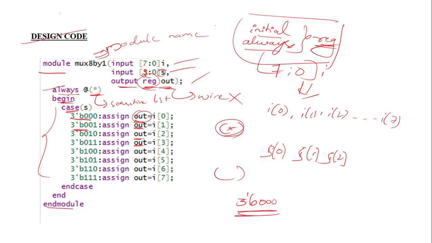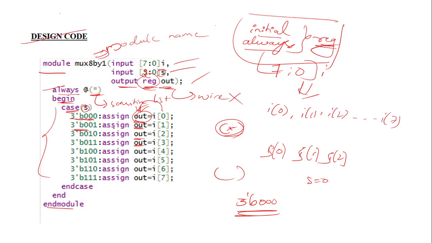S. The variable inside the braces is the one whose values are going to be assigned, so you simply write S. The 3 means the select line is 3 bits. The 'b means binary, so there you can give different combinations. If the select line is 000, then our output will be I of 0, so I of 0 is going to be assigned to the out variable. For 1, I of 1 is going to be assigned to the out value.